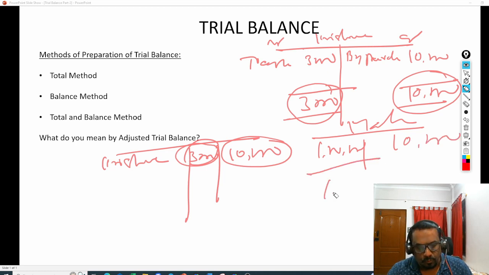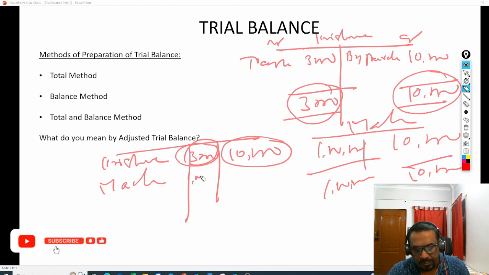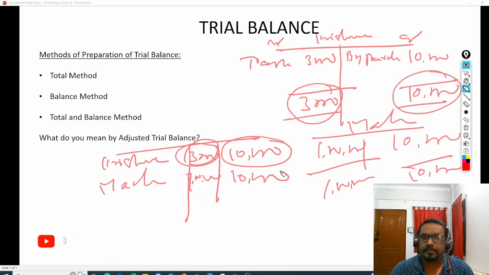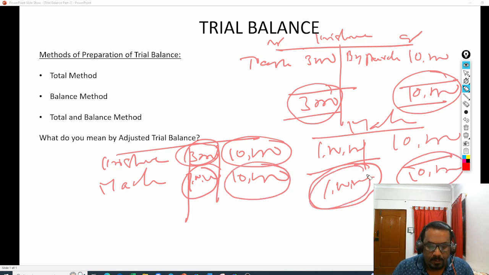So debit total is 1 lakh, credit total is 10,000. I'll go to trial balance and say machinery account, debit 1 lakh and credit 10,000. What am I doing here? I am just keeping debit total in debit column, credit total in credit column. If there is no total amount in debit, I'll say 0 and credit total I'll put.